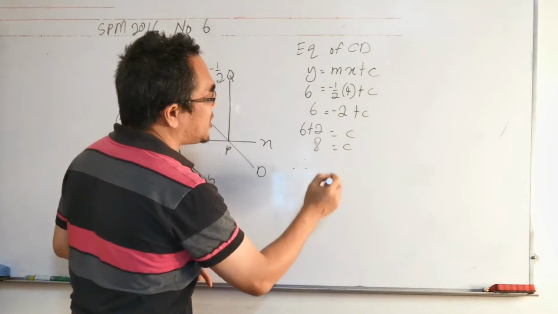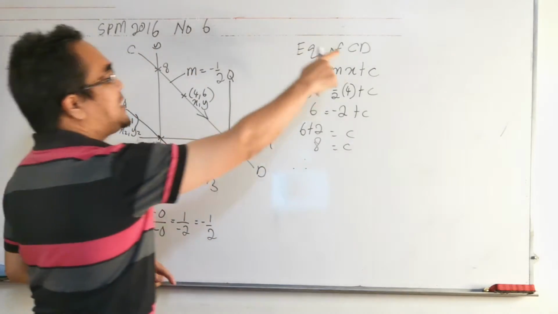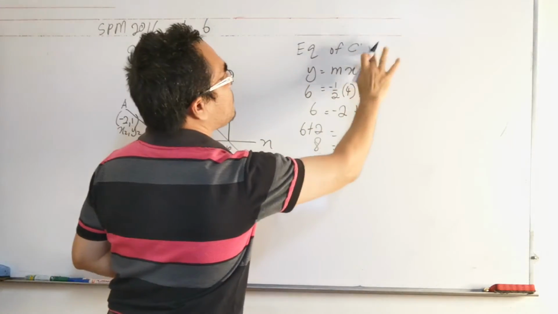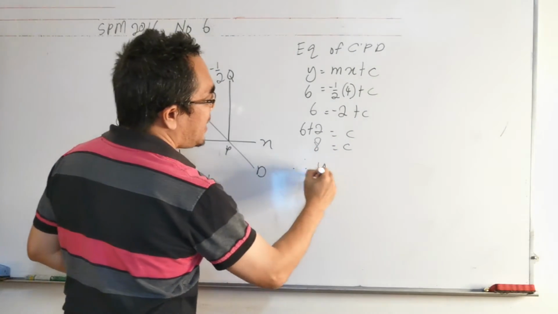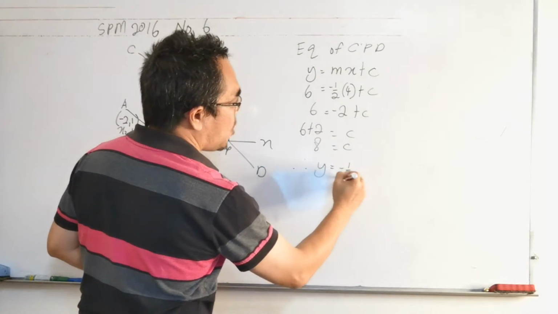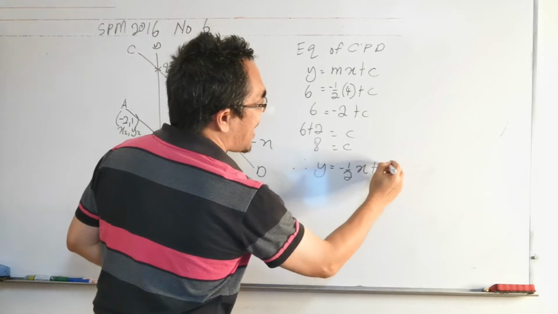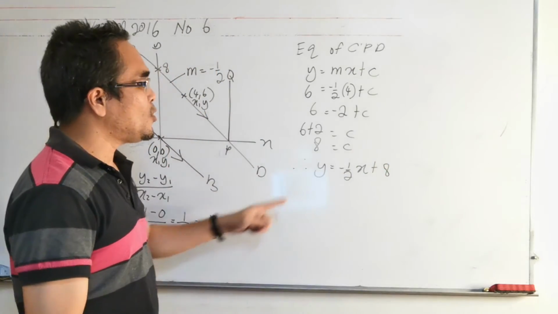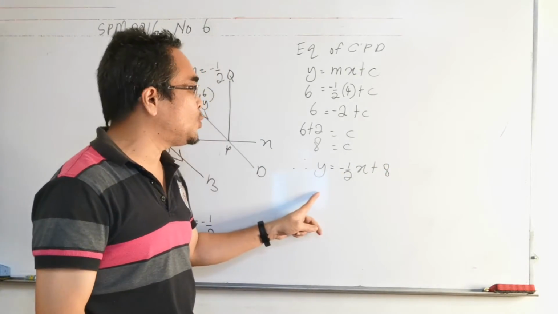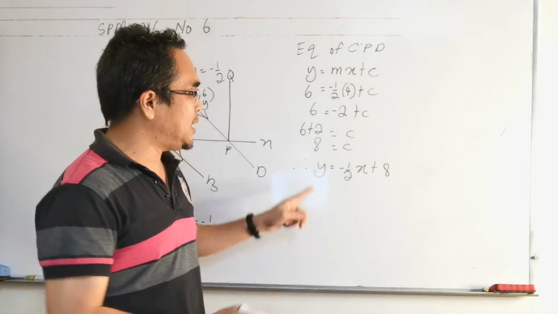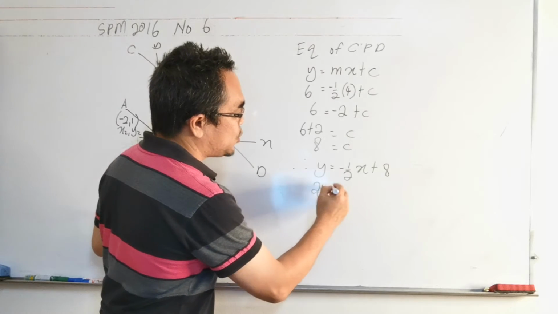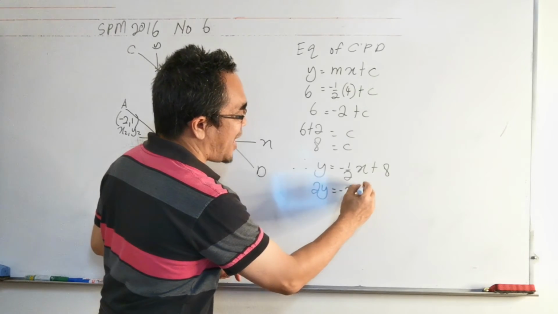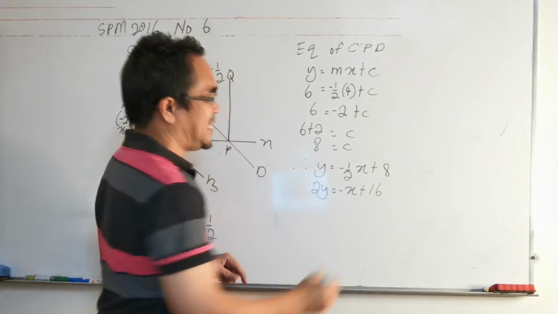So the equation of CPD will be y equals negative 1 over 2x plus 8. Most of the time we multiply by 2 because we usually don't want the fraction. So we can say 2y equals negative x plus 16.